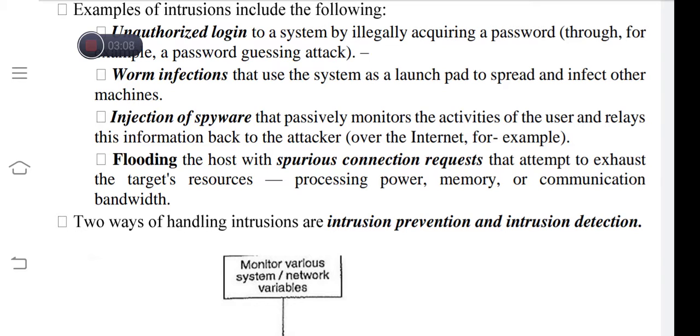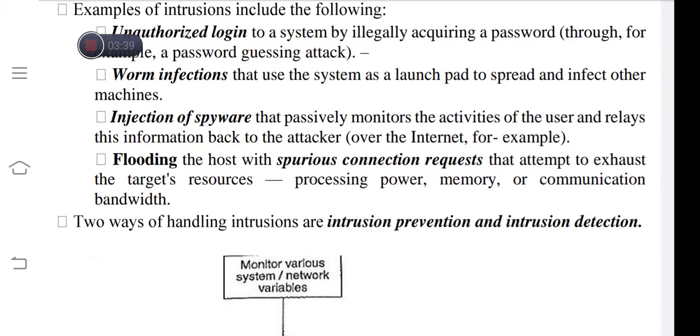The resources may be in terms of processing power, memory, or communication bandwidth. Much of the space will be occupied by these spurious connection requests. That is how an attacker floods the network.